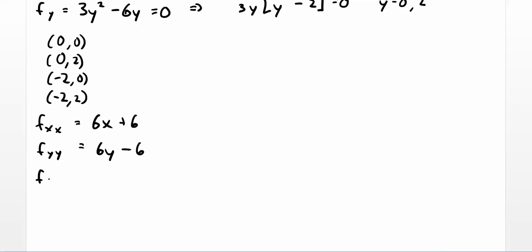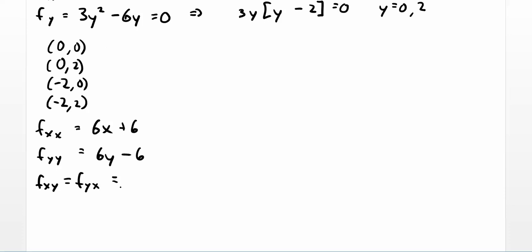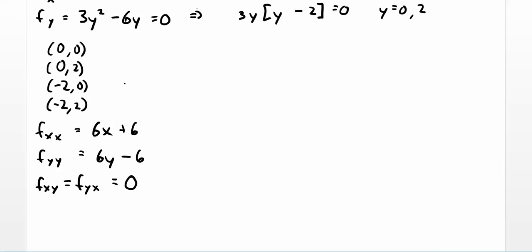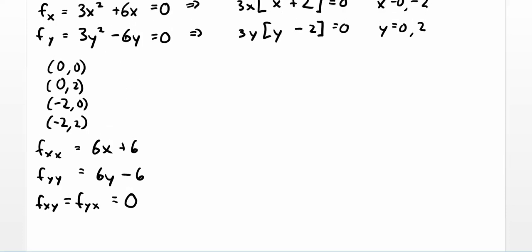And finally, the mixed partial, fxy or fyx, depending on how you choose to do it, doesn't matter, is equal to, in this case, 0. x is not having y's in it, so when you take the partial derivative with respect to y, everything disappears.